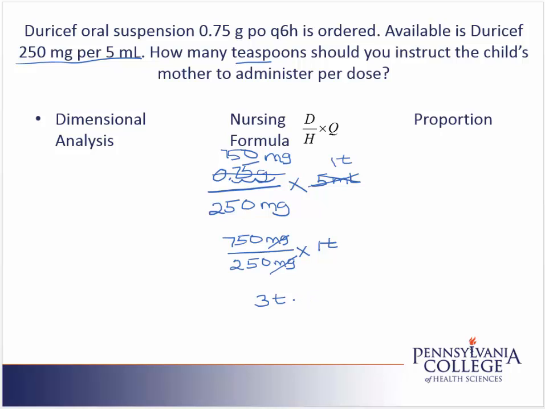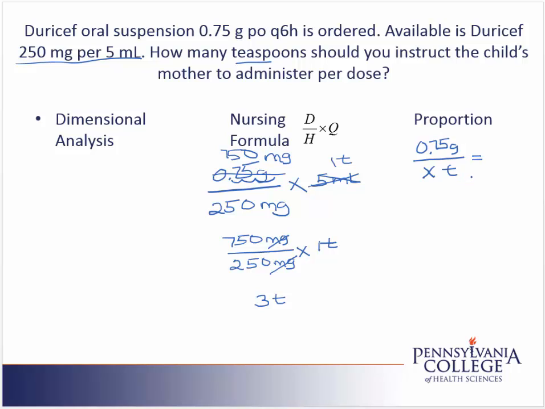The final approach to the problem is to use the proportion method. With a proportion, we want to create equal fractions. We'll always start the proportion method with what has been ordered, in this case 0.75 grams. And we'll place it over an X with the label that we'd like to change it into, in this case teaspoons.